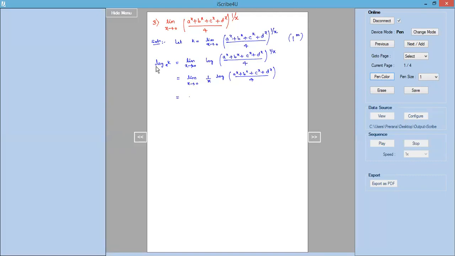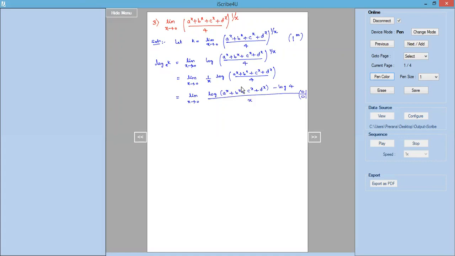Now this is one and the same as writing in the division form. So I'll just write it down as log of a divided by b, I can write it down as log a minus log b. So log of a power x plus b power x plus c power x plus d power x minus log 4, the whole divided by x, so that it comes to 0 by 0 form.